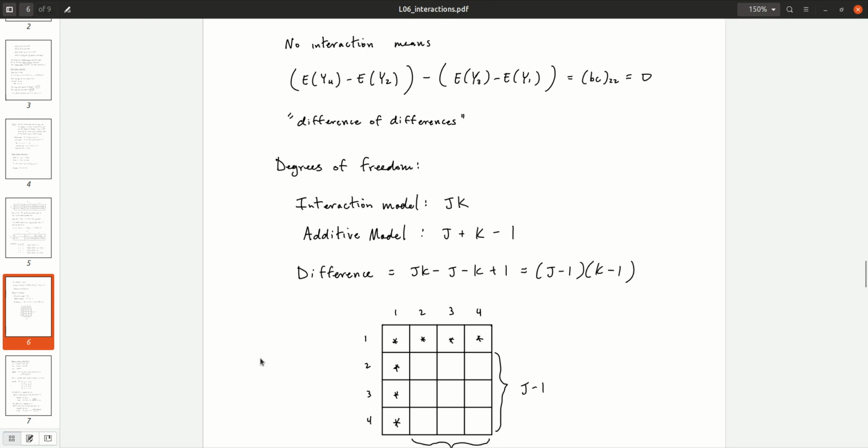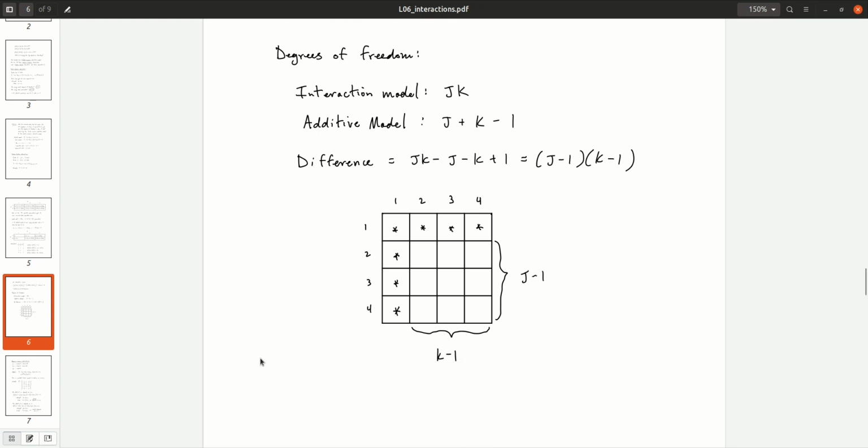Okay, so let's look at degrees of freedom. And this is a nice heuristic to help you remember what the degrees of freedom are. In the interaction model, it's j times k. Each cell of the table has its own unrestricted expected value. In the additive model, like we said before, it's j plus k minus 1.